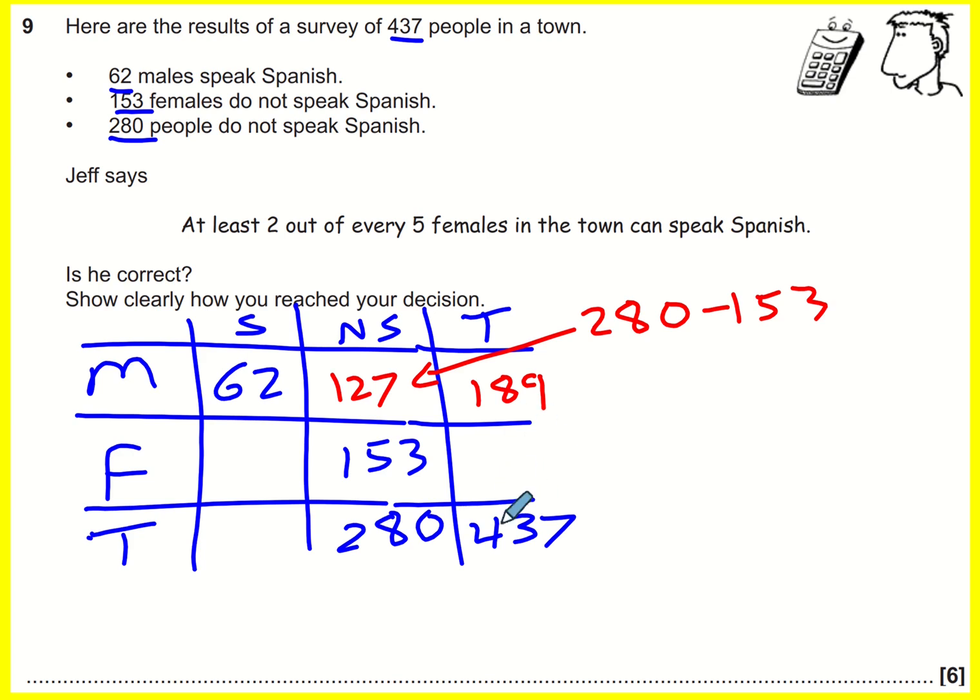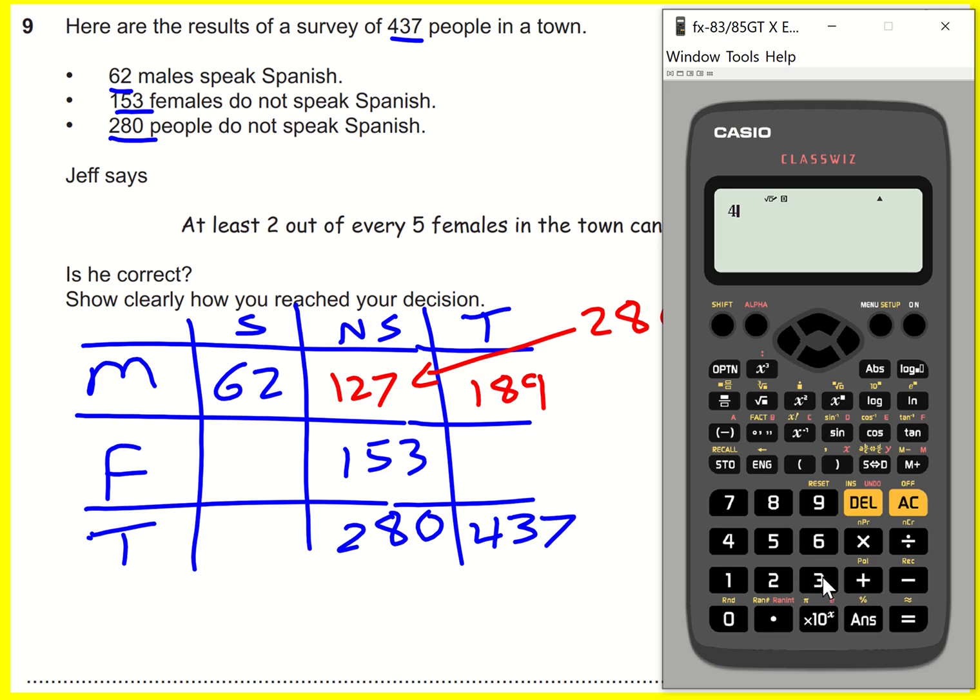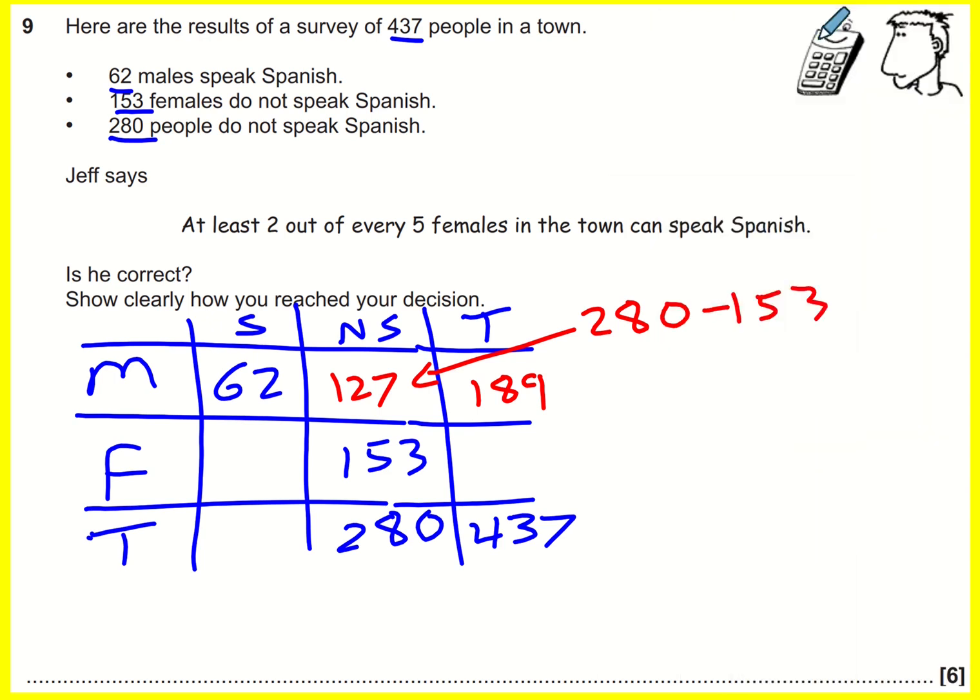And then I can figure out this one, or I could figure out this one. Let's go for the one on the right. So that's going to be 437 minus 189, 248. And we're nearly there.